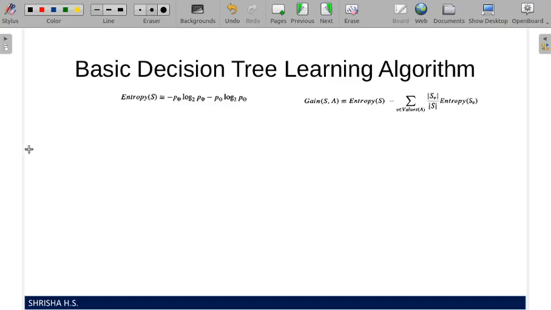Now we can write the information gain where outlook is sunny and with respect to wind.